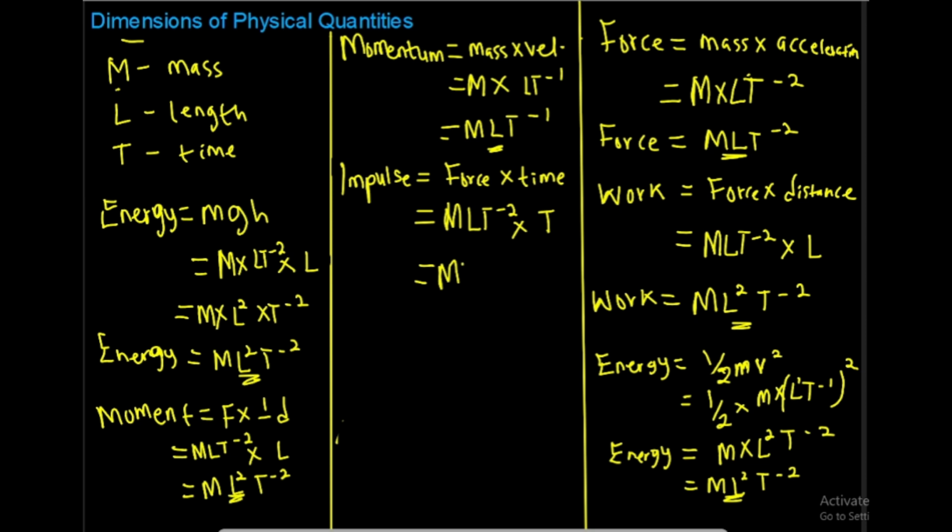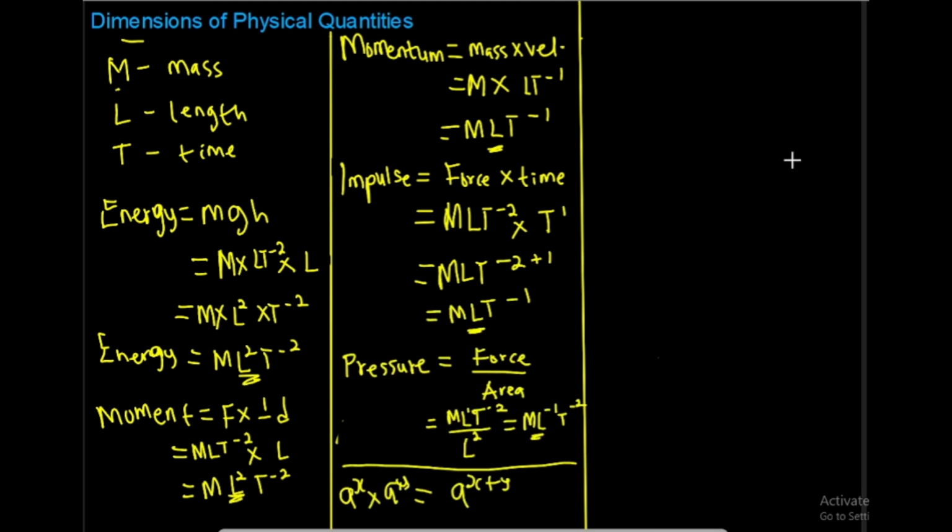That will give us MLT raised to the power minus 2 and this is positive 1. Since they are multiplying, we apply one of our laws of indices, the multiplication law that says if you have a raised to the power x times a raised to the power y.